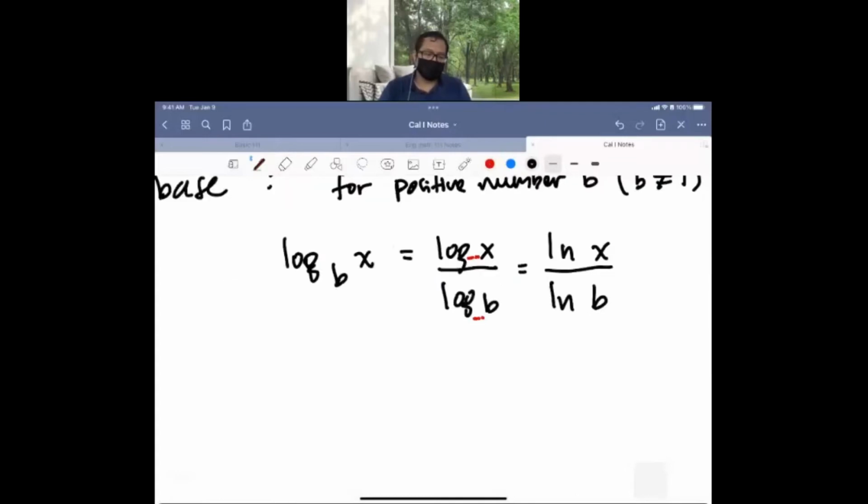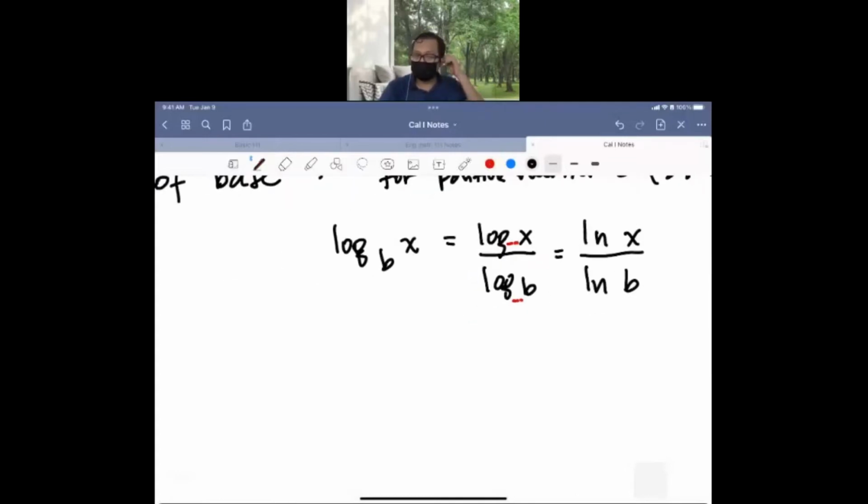Well, if you would like to know how we can derive this property, maybe we could start with the equation of log. Okay, start with this. And then we know that b to the power of y is equal to x. Okay.